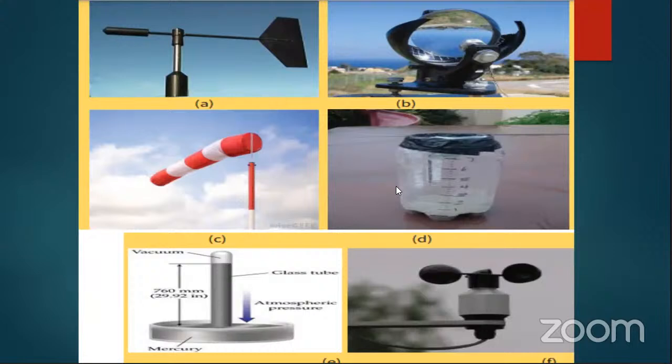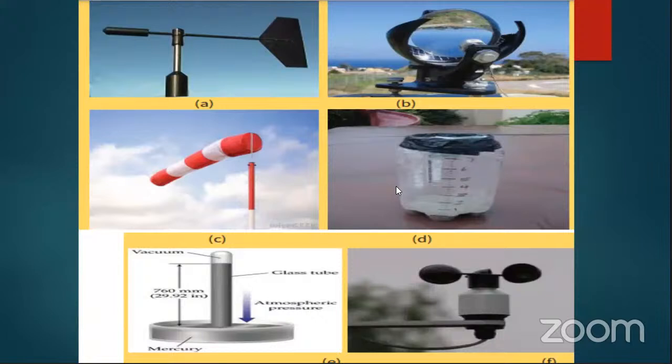Who can tell me the use of a wind vane at the weather station? By show of hands, who can easily tell us what it is used for at a weather station?